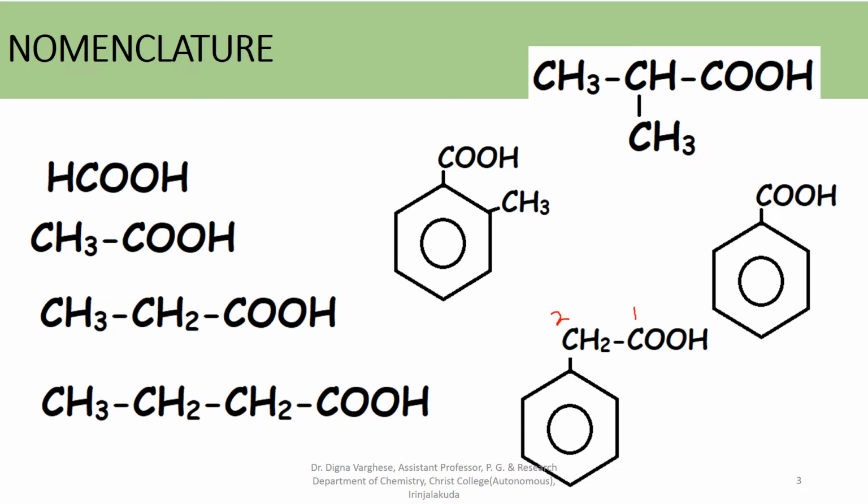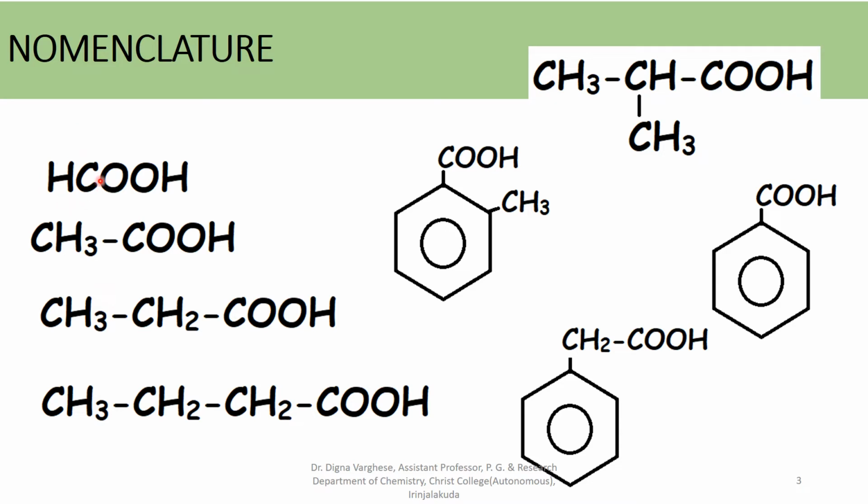Here, one hydrogen in acetic acid is replaced by a phenyl group. So it is 2-phenyl ethanoic acid. Its common name is phenyl acetic acid.